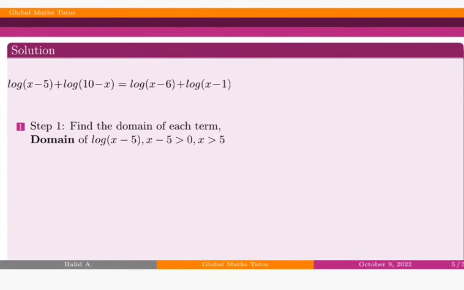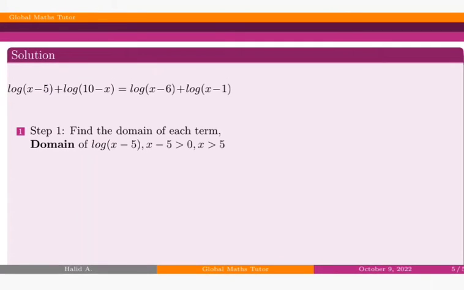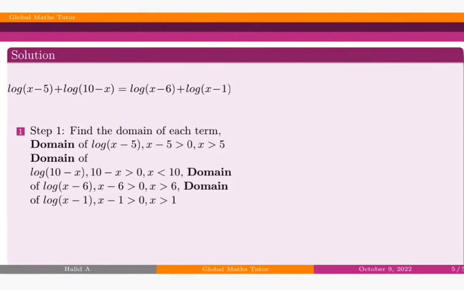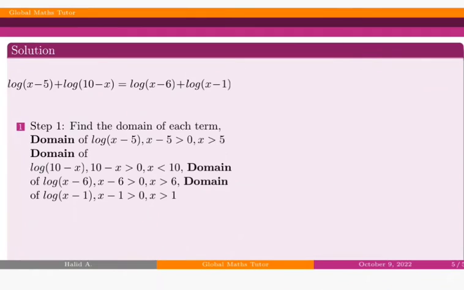Let's find them. For the first, logarithm of x minus 5, the domain requires x minus 5 to be greater than 0. It means x is greater than 5. For the second term, logarithm of 10 minus x, 10 minus x must be greater than 0, so x must be less than 10.